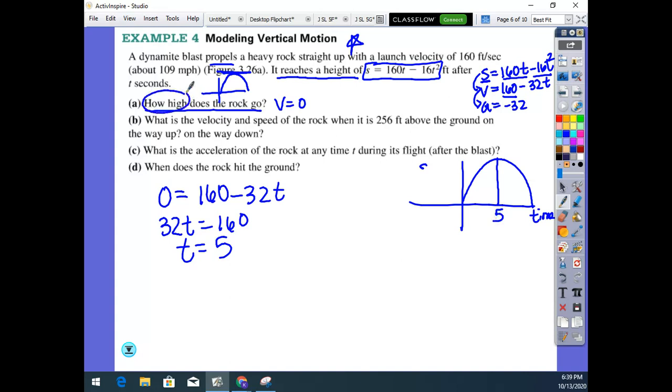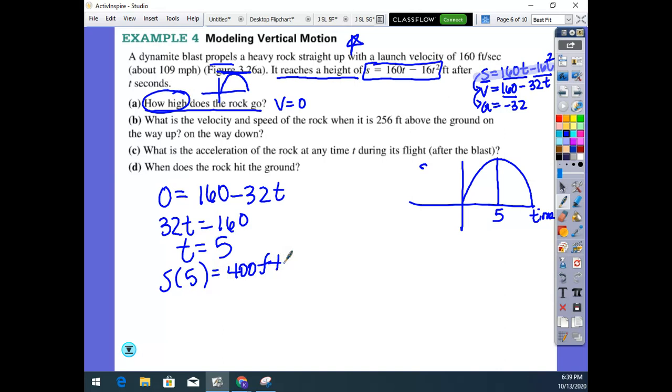No. It says how high does the rock go? How high is position. When t is 5, what is s? So I'm going to find s of 5. When I plug 5 in for s, I get 400 feet. Okay.